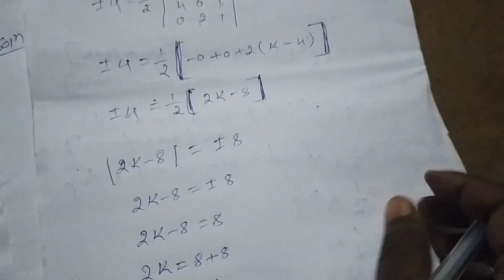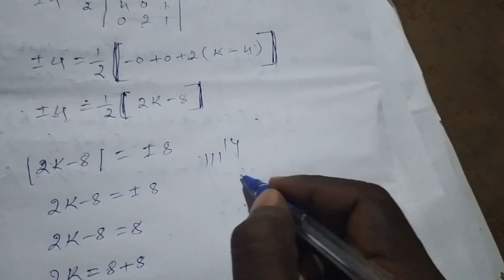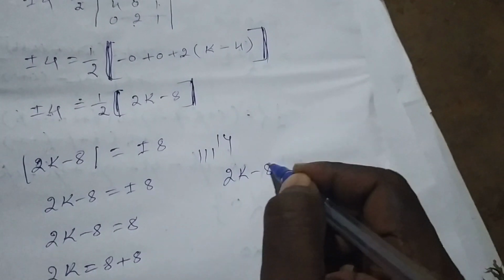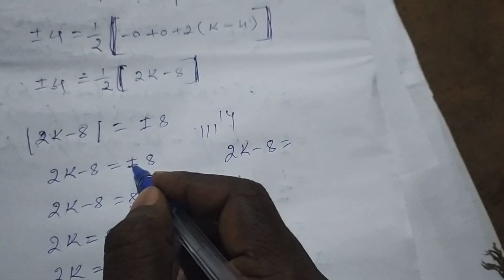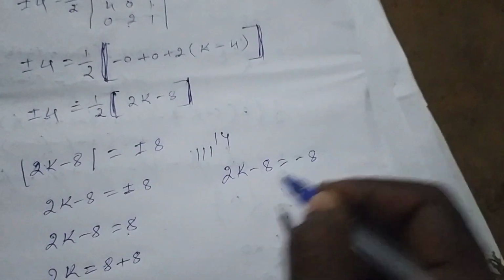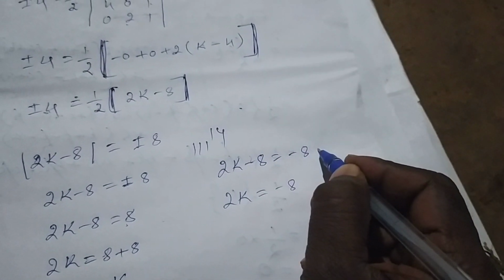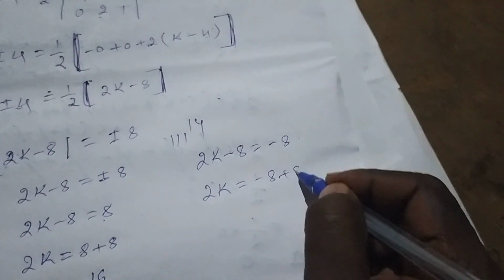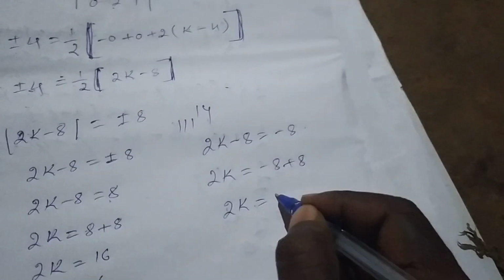Similarly, 2K minus 8 is equal to minus 8. Here we took plus 8, here also there is a minus 8. 2K equals minus 8, and when transferred to the right side it becomes plus 8, so 2K equals 0.